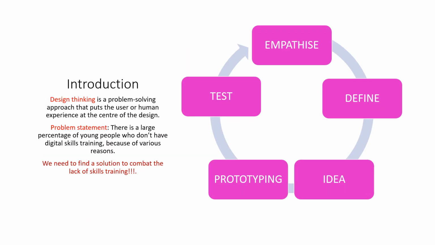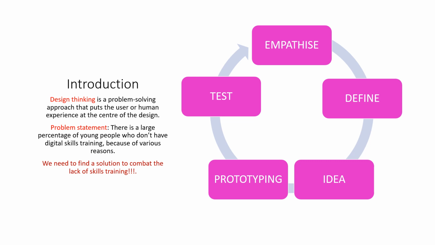So, what is a design thinking process exactly? Design thinking is defined as a problem solving approach that puts a user or a human experience at the center of a design. So, we are constantly interacting with users or people who are going to be using our product to find their input on how they are engaging with the product, and how they think that the product is solving their problem.